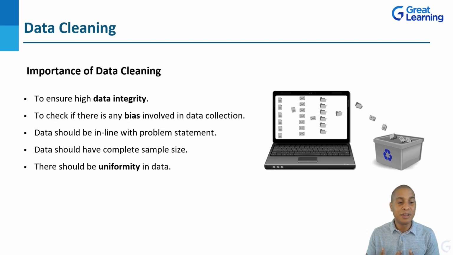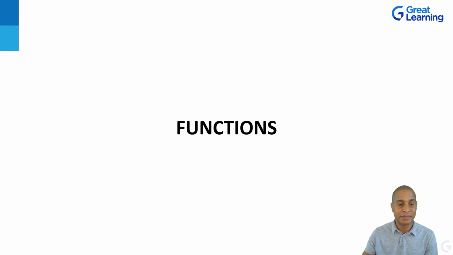Data should have a complete sample size. So if you are being asked to analyze the trends annually and you only have 2 months of data, that is not going to be sufficient for your analysis. And there should be some uniformity in the data so you don't have all these different variables that may complicate or skew your analysis.